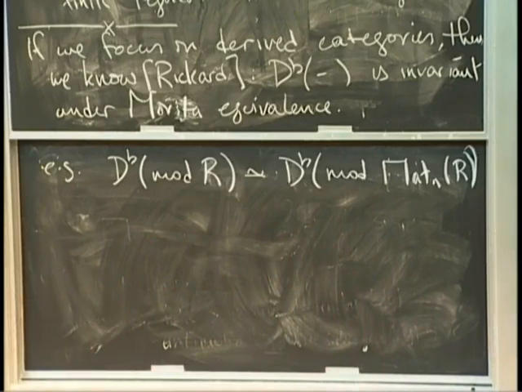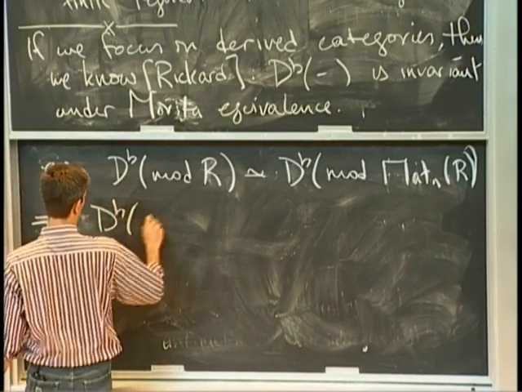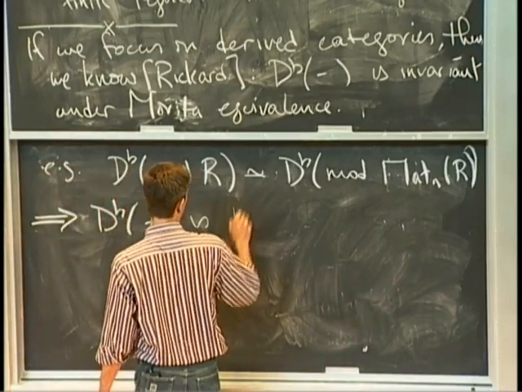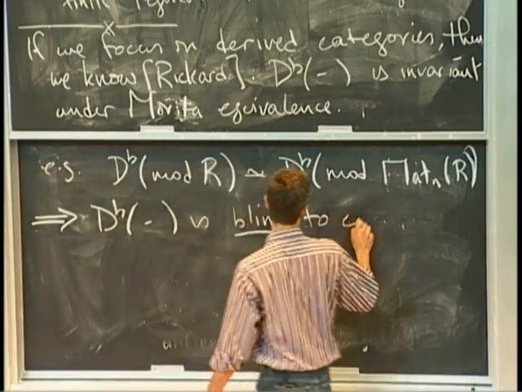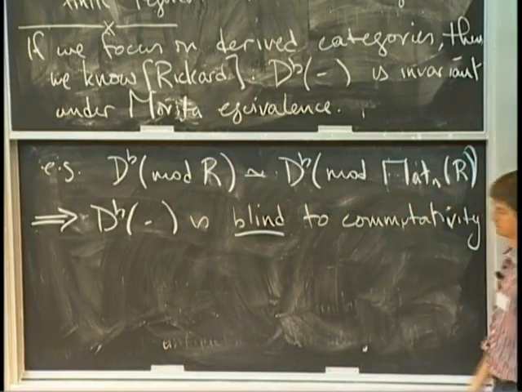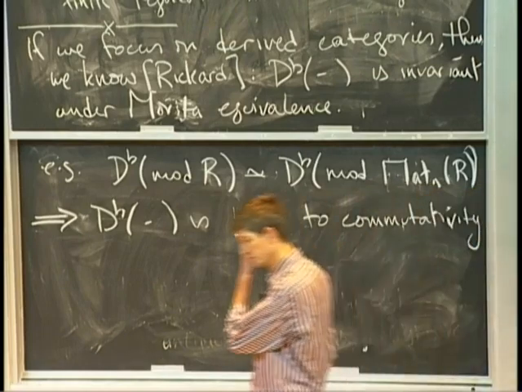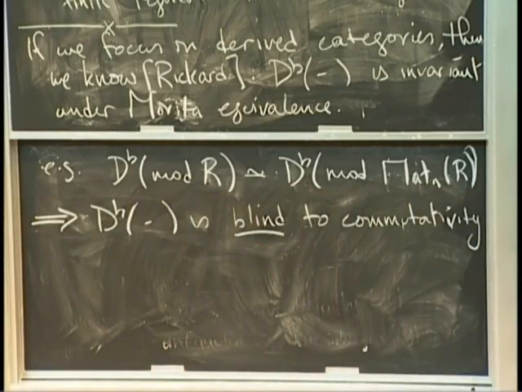And what I interpret this to mean is that the derived category is blind to commutativity. It can't tell if you handed a ring whether it's commutative or not, because you might have handed a commutative ring or you might have handed it this thing, which, as we heard from James Zhang's talk this morning, is never commutative.